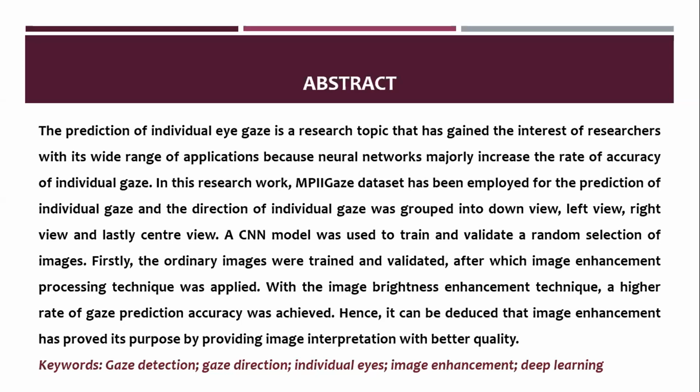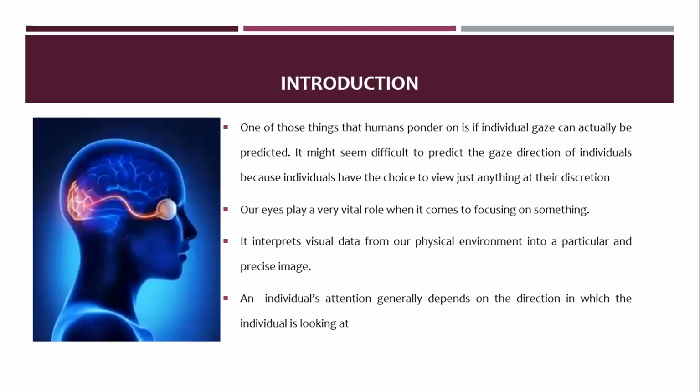First of all, we organized the original images, trained and validated them, after which we applied image enhancements on them. Keywords include gaze detection, gaze direction, individual eyes, image enhancement, and deep learning.